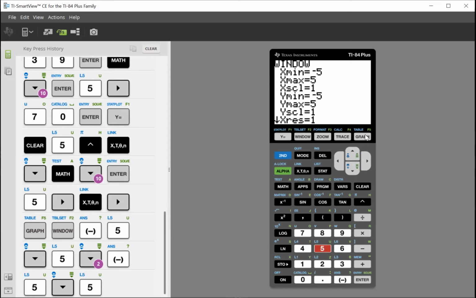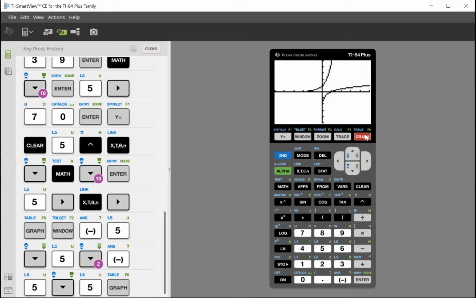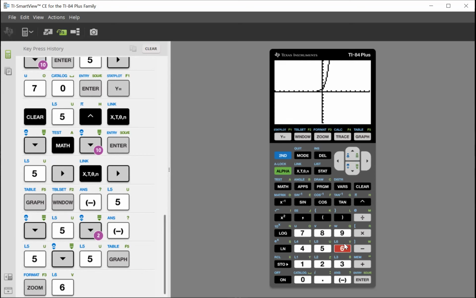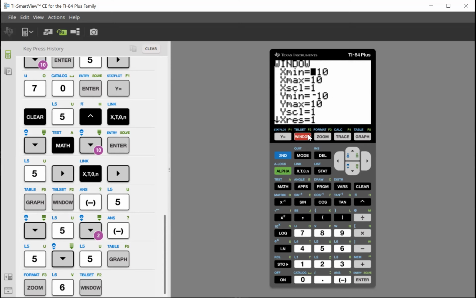Let me hit graph again. So there's the one going up, and then the log is the one on the right. They'll have 4 pictures. One will look like that, okay? Now remember, to change that window back, all you got to do is hit zoom 6, and it'll put it back on 10 by 10 for you. So now when I look at my window, it's back on my -10 and 10.